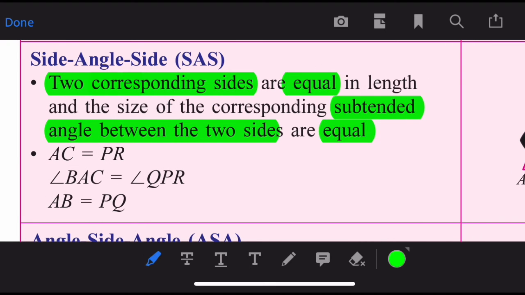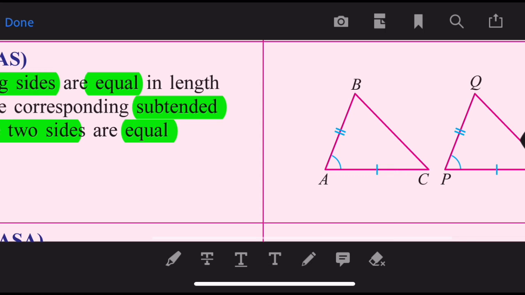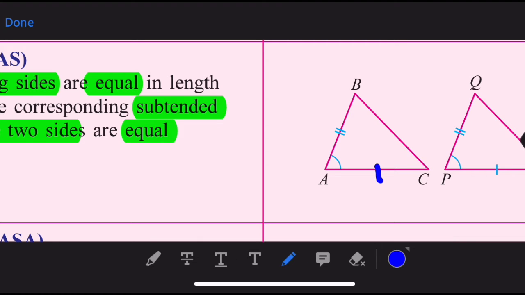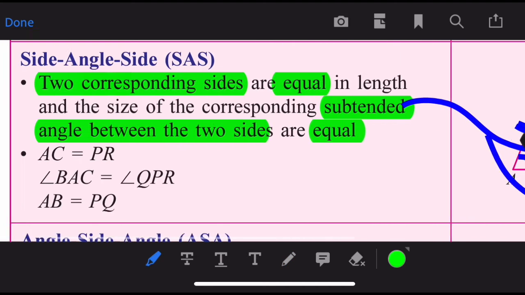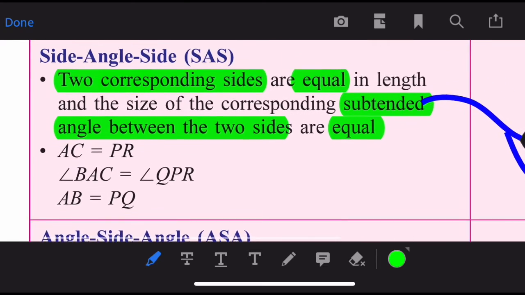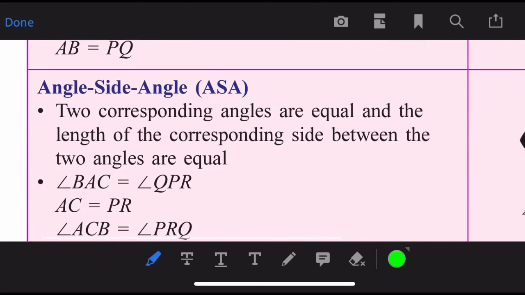This is called SAS, meaning that we have two sides here and this angle. This is so-called subtended angle, subtended by the two sides. So this is so-called SAS.